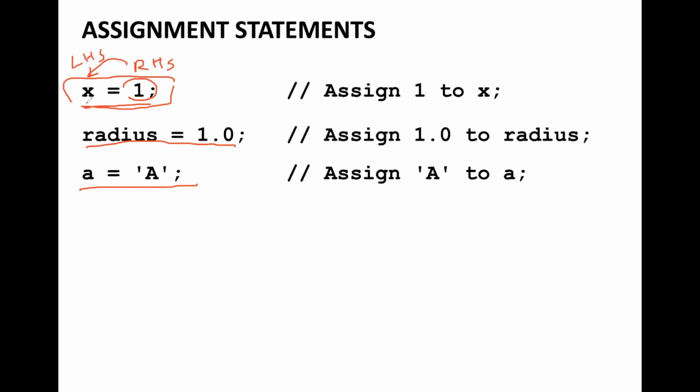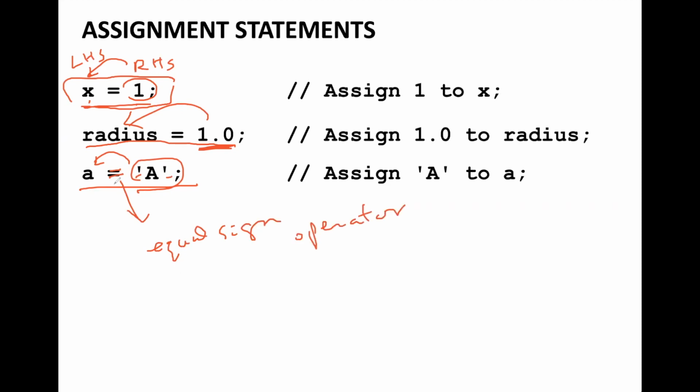So what you're doing is you're assigning a value of 1 into this variable x. You're assigning the value of 1.0, which is a floating number, into this radius variable. And you're assigning this character a, signified by a pair of apostrophes, or a single quote, into this variable a. So this equal sign is the assignment operator.